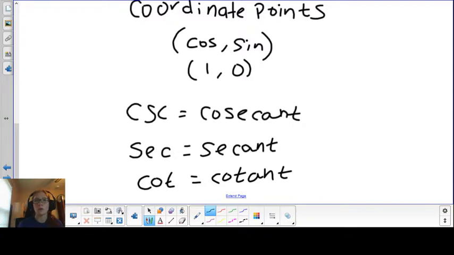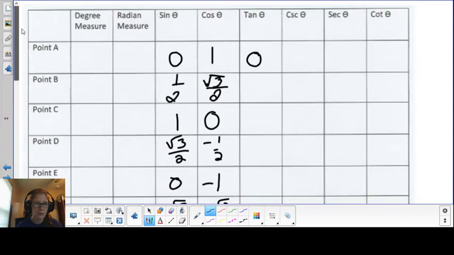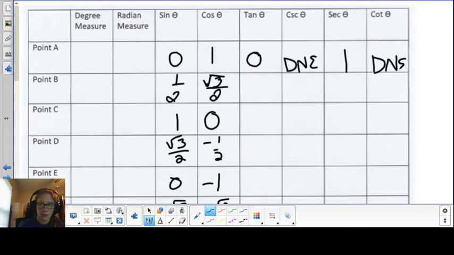Again, we'll work a little bit more with this stuff in the next few days, but keep what we're doing now in your head for when we get there, because we will use this stuff then. So my tangent is 0, my cosecant is undefined or does not exist, my secant is 1, and my cotangent is also undefined or does not exist.